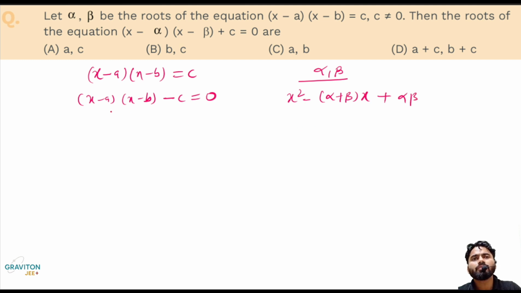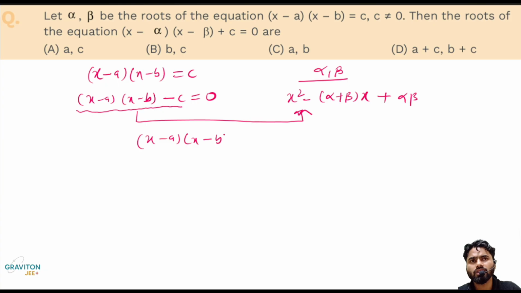So basically if alpha and beta are roots of the equation, then these two must be equal. So (x minus alpha) into (x minus beta) minus c equal to x square minus (alpha plus beta) into x plus alpha into beta.